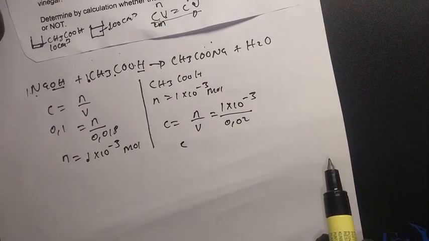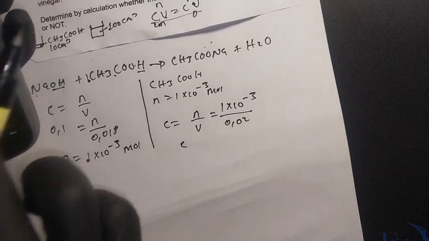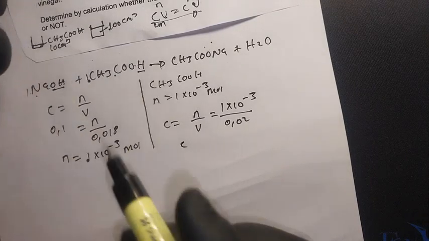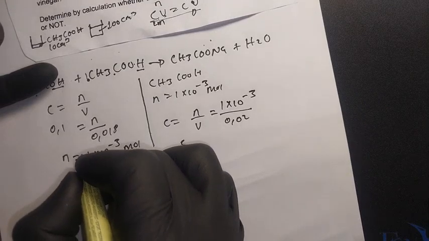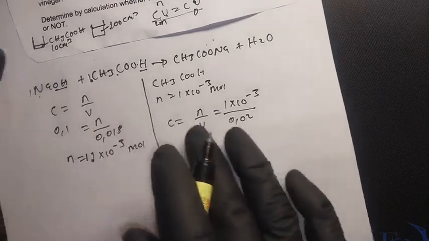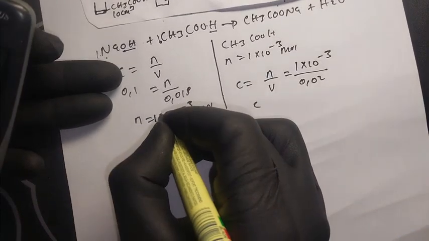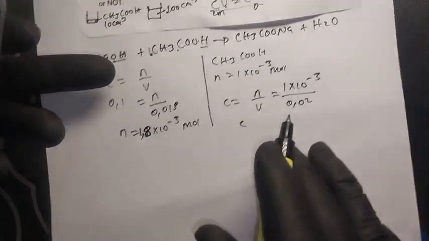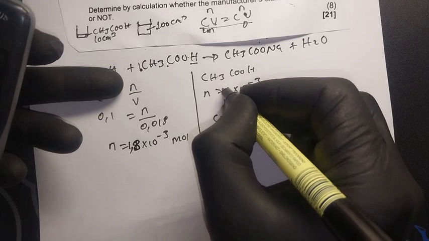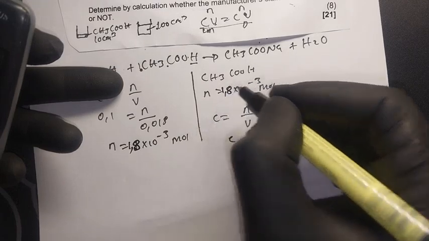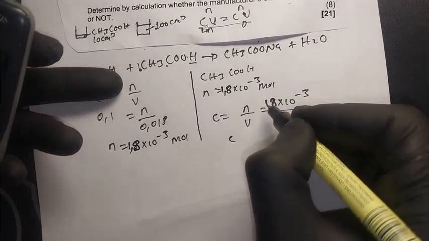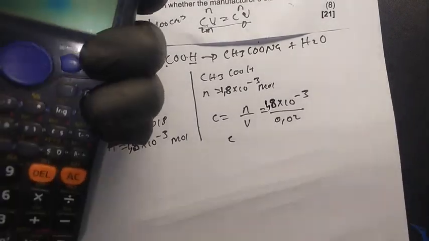Sorry, I think I've made a mistake. 0.1 times 0.018 gives you 1.8, so it's 1.8 times 10 raised negative 3.